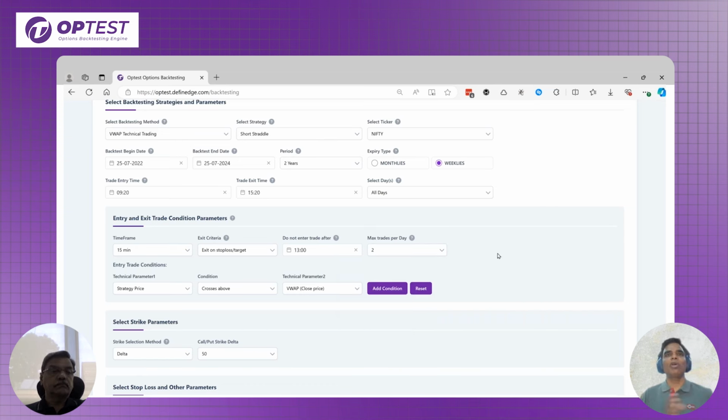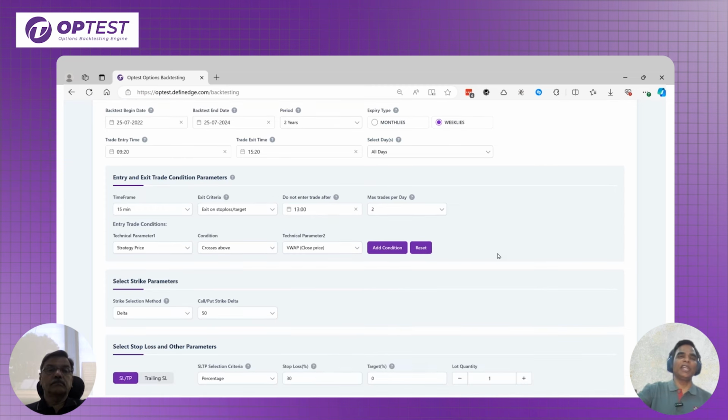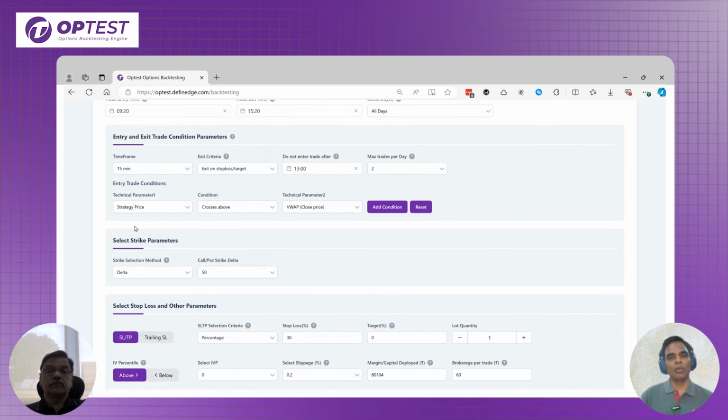So let's say I want to enter only 2 to control my brokerage. If there is too much whipsaw, you don't want to keep on continuing the same, right? So let's say I want to do maximum 2 trades in a day, not more than that. So in this case, your number of trades might be more than 500 maybe, because you're entering up to 2 trades sometimes.